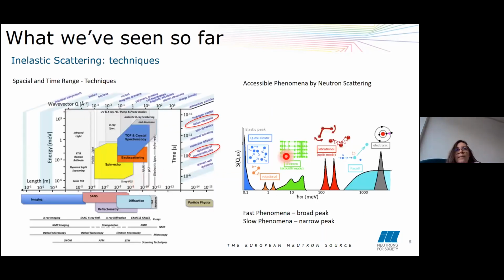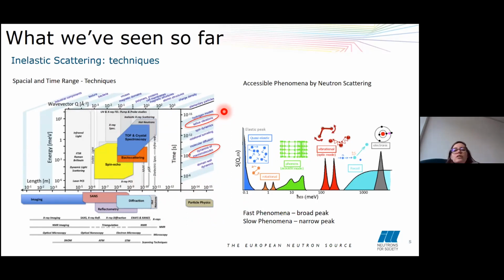So INS techniques, which are fairly complementary, can be used to obtain information on systems on different time scales and energy ranges. So for example, lattice vibrations have frequencies corresponding to the picosecond time range. And these excitations can be observed with time of flight or triple axis.